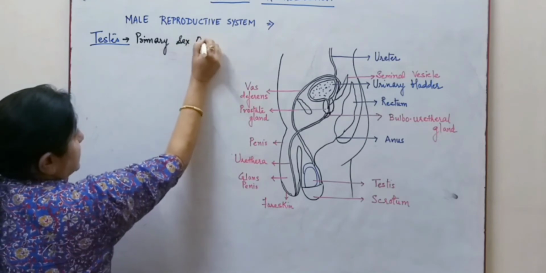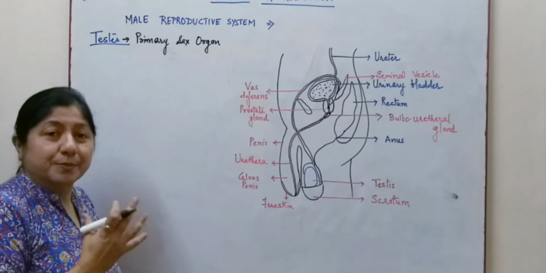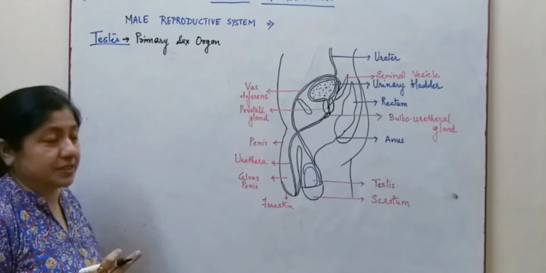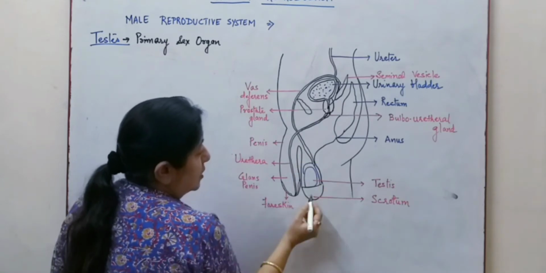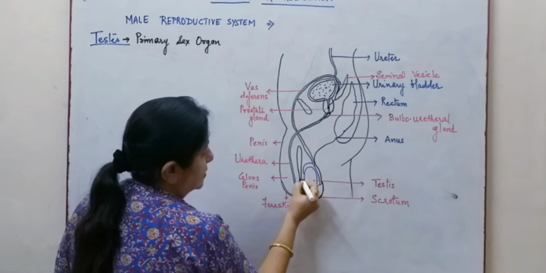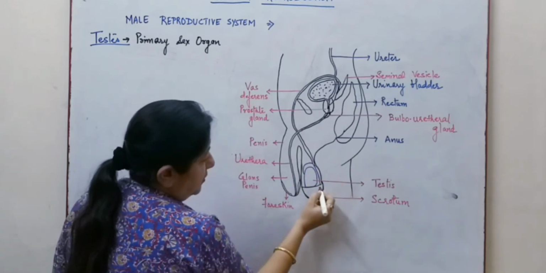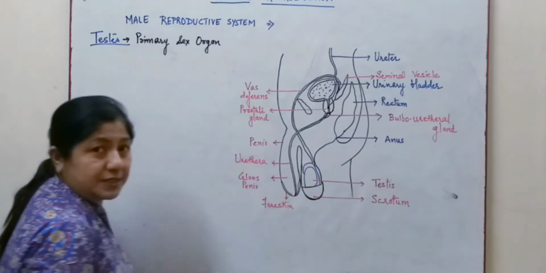The testis is a structure present in the male, and there is a pair of testes present within the scrotum. As you can see over here, this is the scrotum in which the structure known as testis is present.